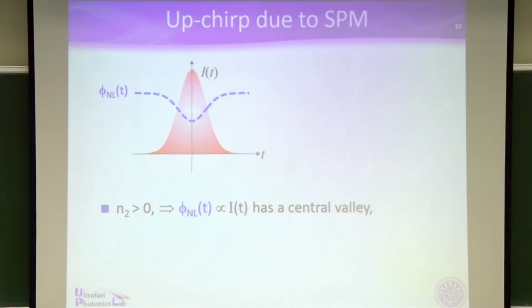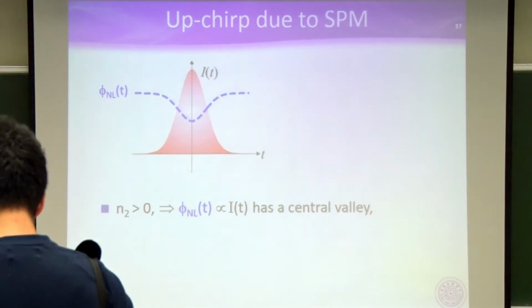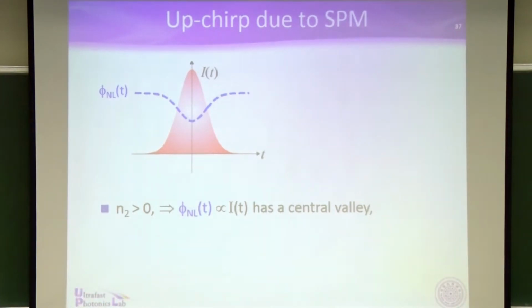So you can roughly draw the temporal phase modulation curve like the blue dashed one. If your n2 coefficient is positive, which is always true, we know the phase modulation function is proportional to minus I of t.